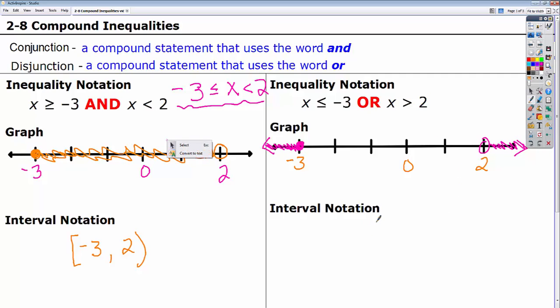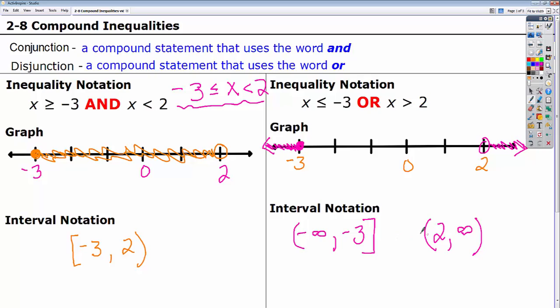Okay, interval notation. This is going to be a little bit new because we have two separate sets. Alright, so still start from the left. That's going to be our -infinity with a parentheses, comma, up to -3. And then with a bracket for the closed circle. And then over here we're going to have a parentheses and a 2. And arrow to the right goes up to +infinity.